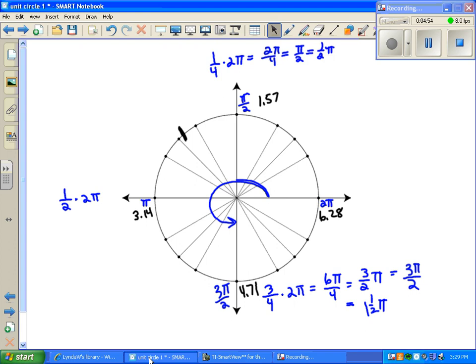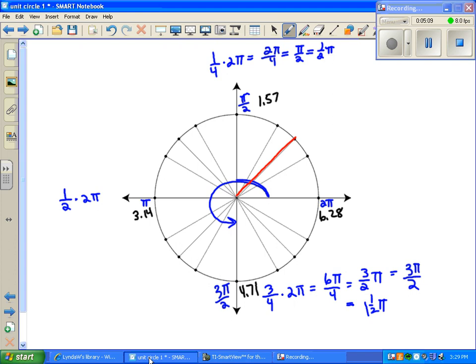Now, I'll also have students from this point go on and learn the middle values, which occur right here. If you just look in quadrant 1, 1/4 of the unit circle gives you pi over 2.